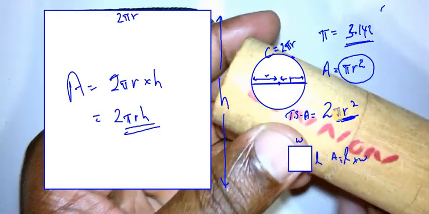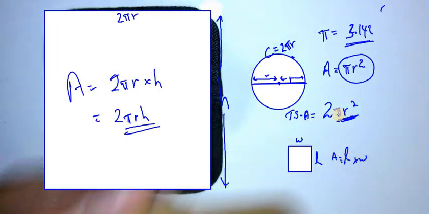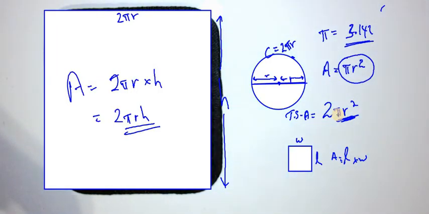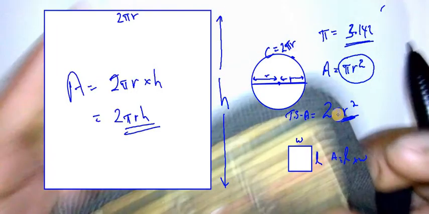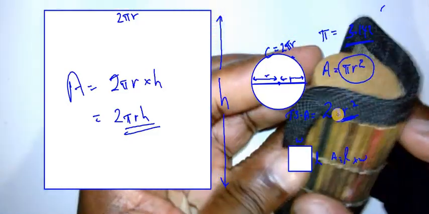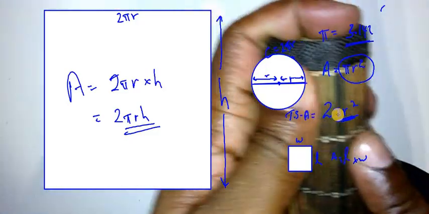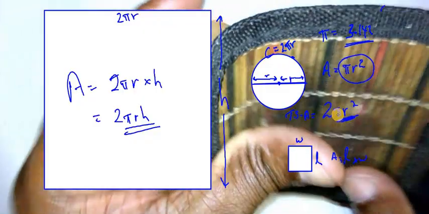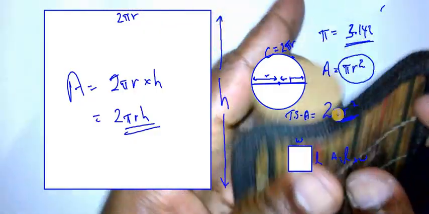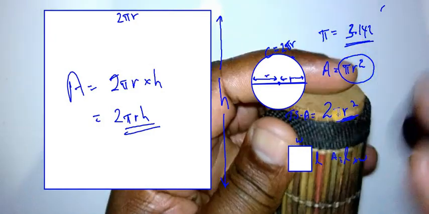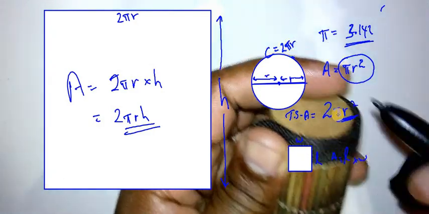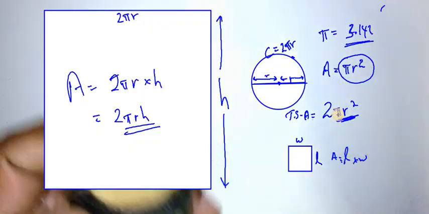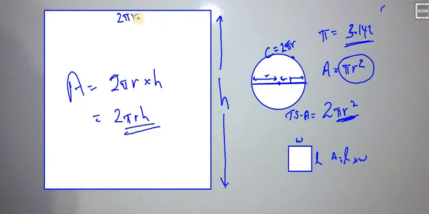And the curved surface area, as I explained, its area is found by recognizing that if there's a curved surface all the way around, when we open it, we get a rectangle. And the top was really a distance of 2 pi r, which is what we're showing here.